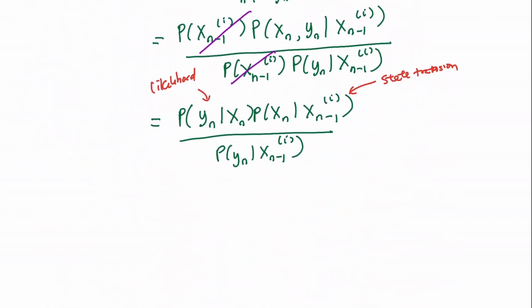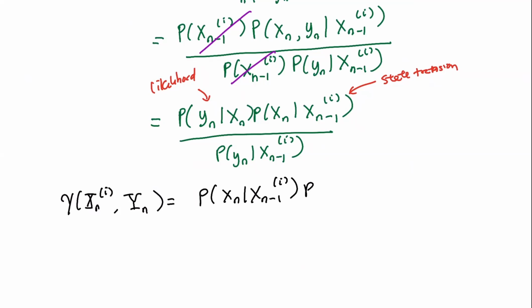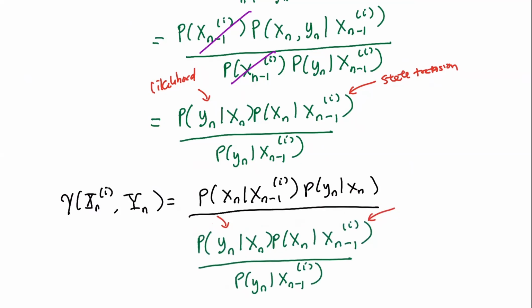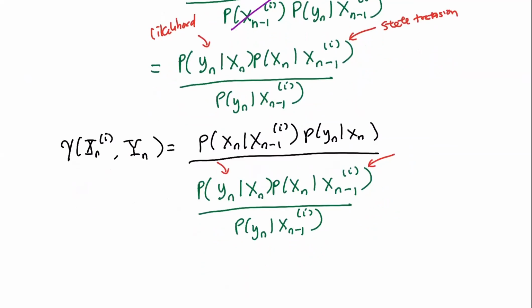So now gamma, and then I have this whole thing in the denominator, right? These things are going to cancel with each other.